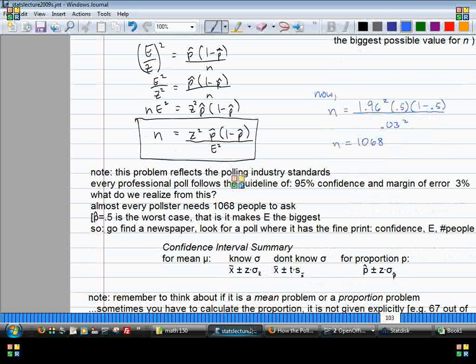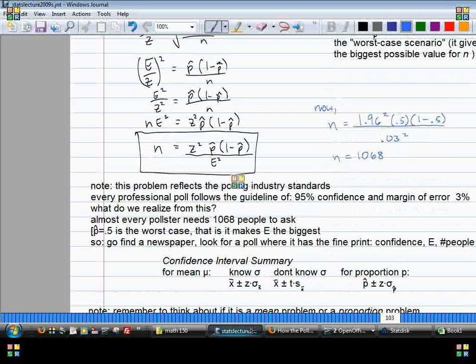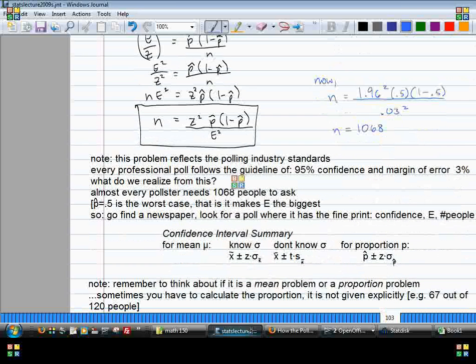Okay, something really important. When you're working on a confidence interval problem, particularly if it's a word problem, start off your problem thinking about, is this a problem about means or is it about proportions? And it's not always immediately obvious. For example, you might have to calculate the proportion.